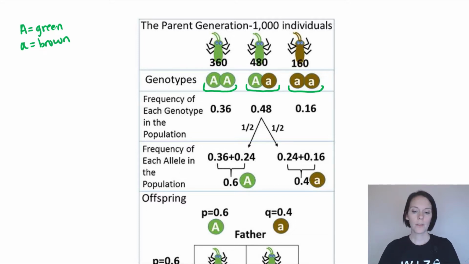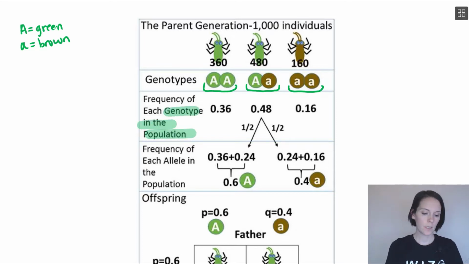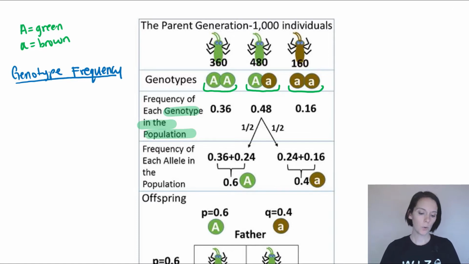So from our population here, okay, we can determine our genotype frequency in the population. So let's start with determining our genotype frequency here. So genotype frequency. So you can see our total population here is given at the top. We have 1,000 individuals in this population. And you can see that 360 of these 1,000 individuals has the big A big A genotype.